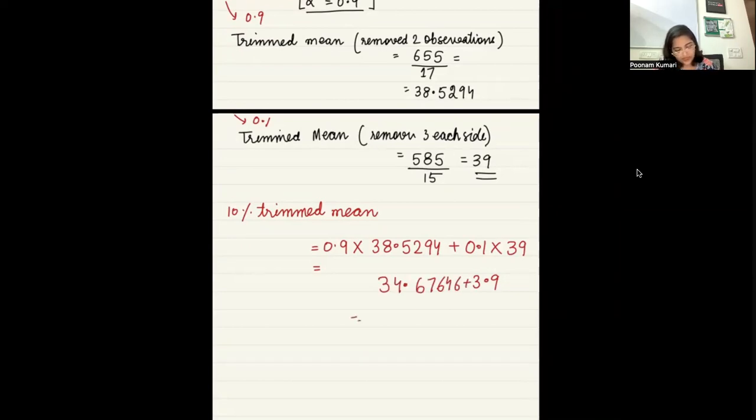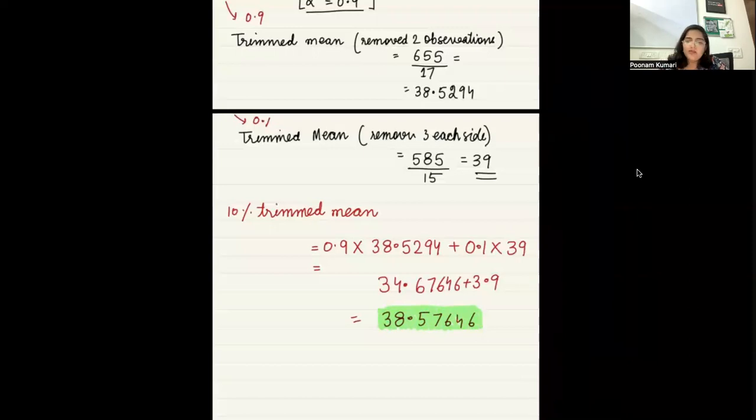So you should be getting 38.57646. Are you getting the same? This is your 10% trimmed mean. Okay. Can we calculate trimmed mean now?